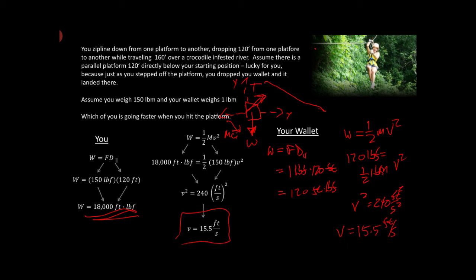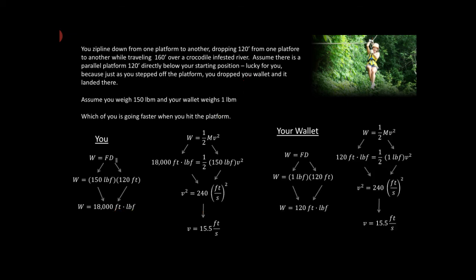So the force in this direction is less, but the distance is longer, and it happens to exactly compensate for that as far as these final speeds are concerned. So that's a second interesting thing.